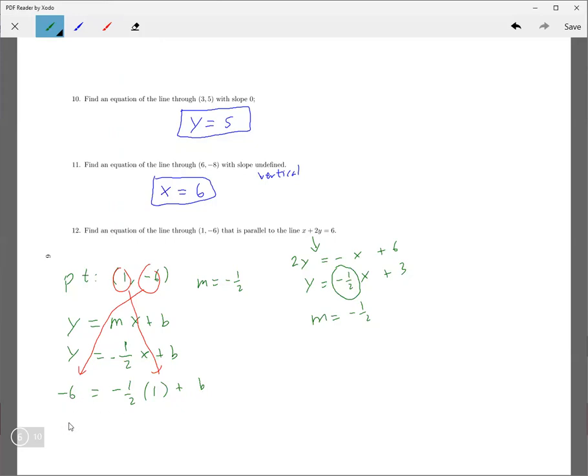Okay, this is -12/2. I'm trying to get that, and then this is -1/2. Add 1/2 to both sides, and you have -11/2. B is -11/2. So then you plug this b back up into here.